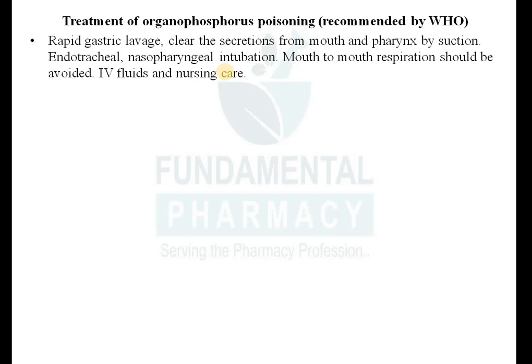So rapid gastric lavage, rapid cleaning of your stomach, then clear the secretions from mouth and pharynx by suction. तो suction pump डालेंगे आपके मुंह में और जो भी अंदर है वो सब खींच लेंगे बाहर. ठीक है, then endotracheal, nasopharyngeal intubation.